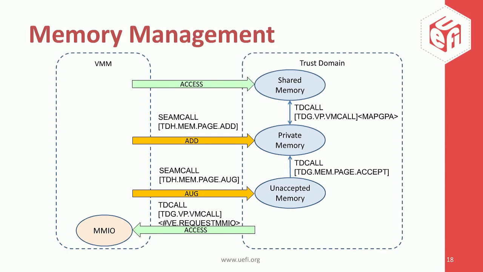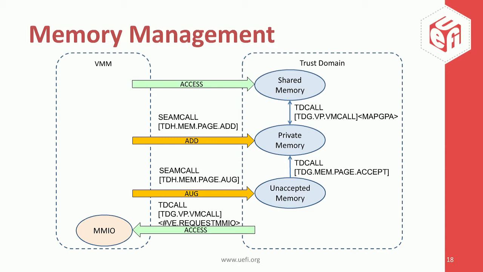memory. The private memory can be switched to a shared page. A shared page is memory that can be accessed by the hypervisor. It may be used for communication or virtual device DMA. The shared page setup is the same as private. The only difference is that they need a shared bit in the page table entry.